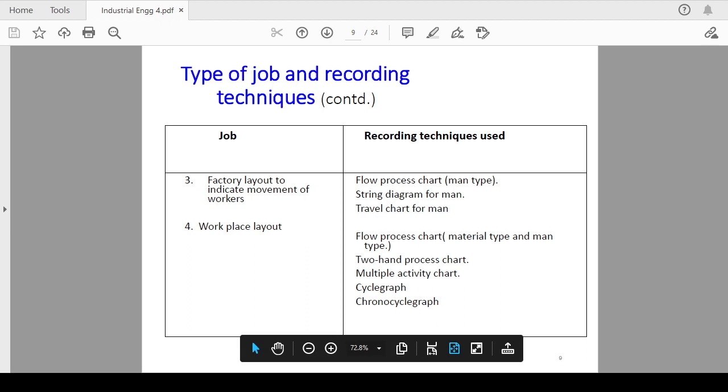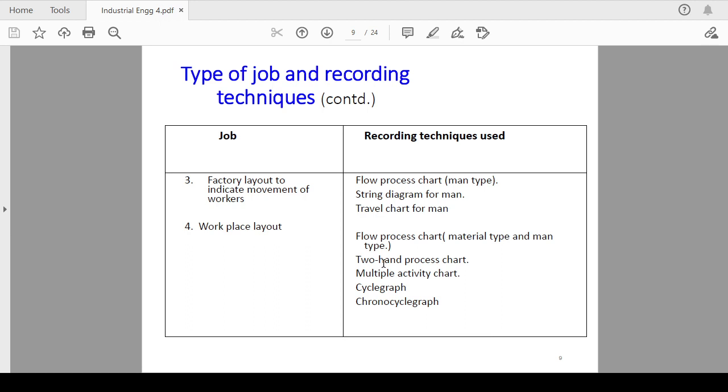These are the charts you have to consider for the selection of the recording technique. After recording, you can start the critical examination of that job, then develop a better or improved method, then implement it, and then maintain it. So this is all about the recording techniques.